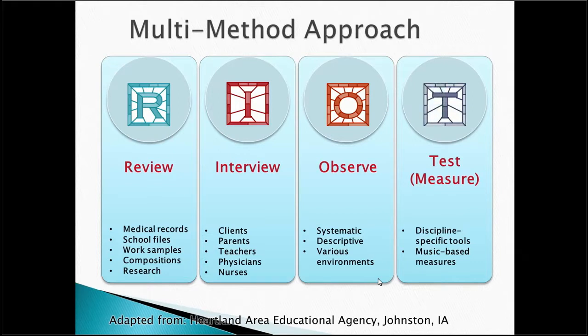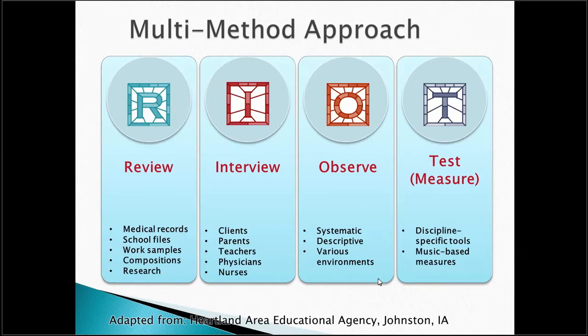We can review things like medical records, school files, work samples, songs that have been written. We can review research. The second one is interviewing. We may be interviewing our clients, parents, other family members, significant others, physicians, nurses.